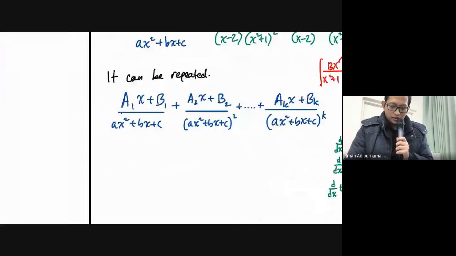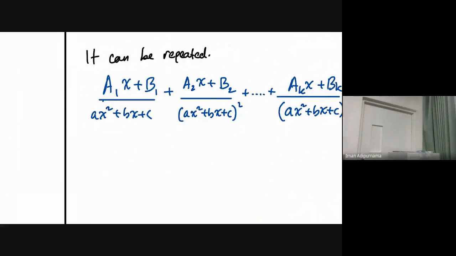And the other part is actually the same as the linear factors. You can have the quadratic functions repeated, but it's also the same, you just add ax plus b at the top.